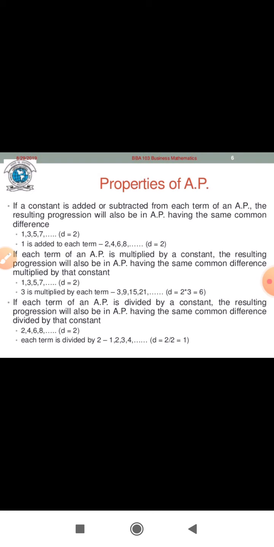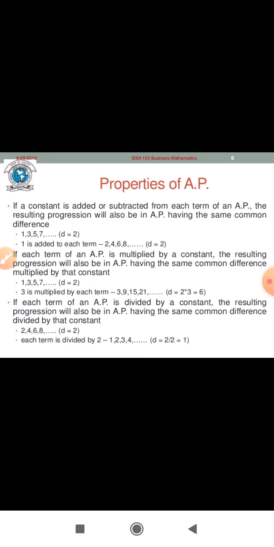If 1 is added to each term, then we get 2, 4, 6, 8. Here D is equal to 2. Both series will be arithmetic progressions. So there is no effect if we add or subtract an equal number in each term.